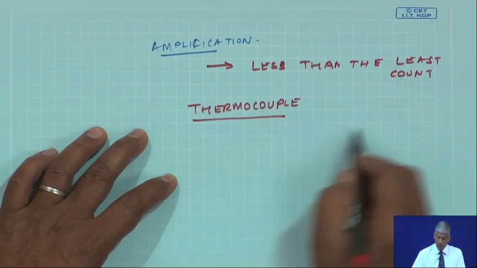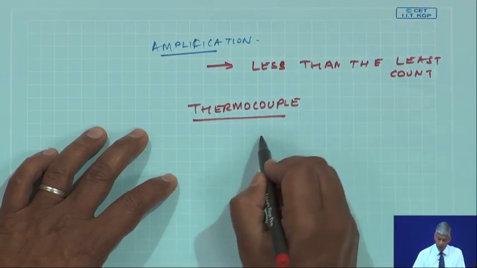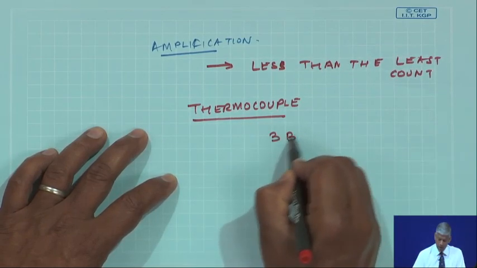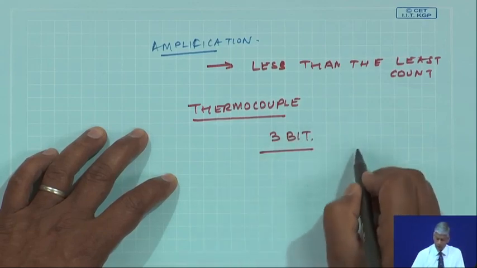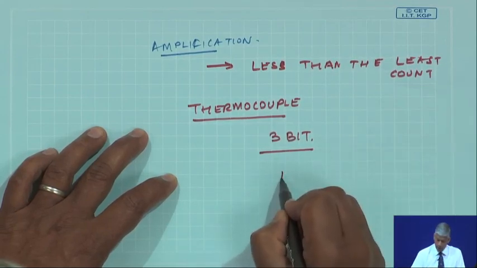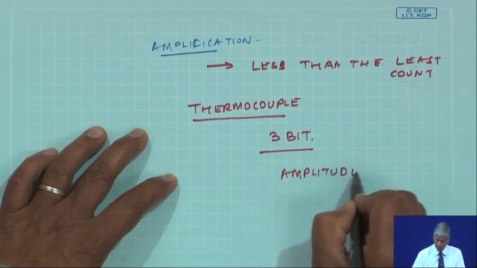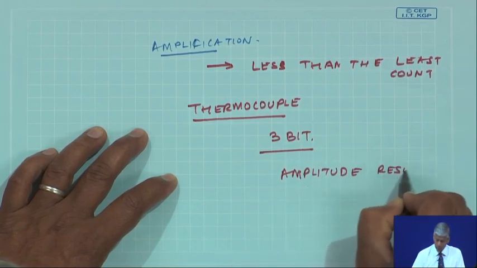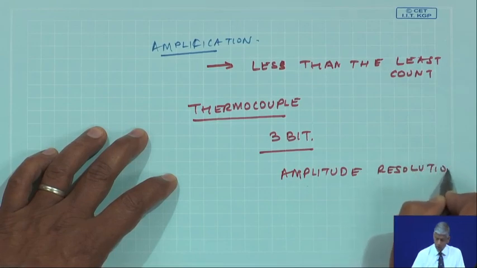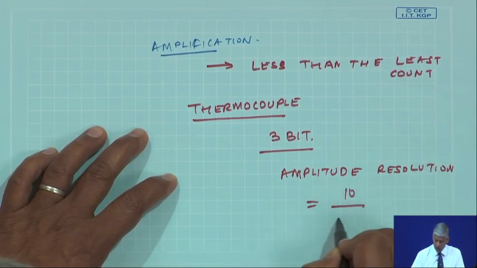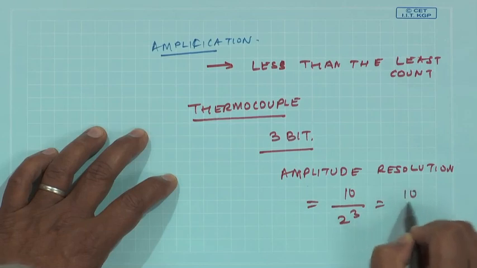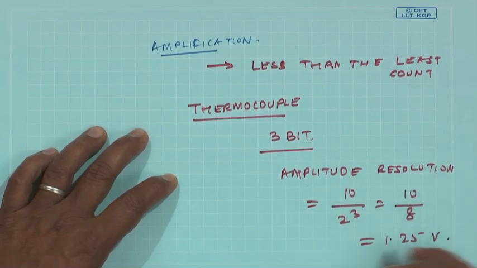Okay. Now, if I talk about a 3-bit data acquisition system, the amplitude resolution for a 10 volt input will be 10 divided by 2 to the power 3, that is 10 by 8, 1.25 volt.